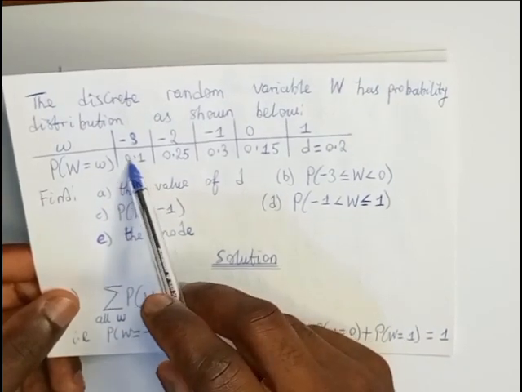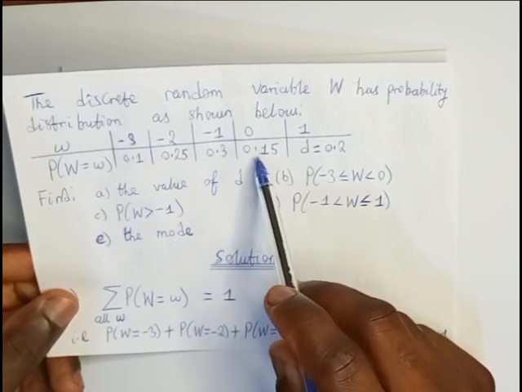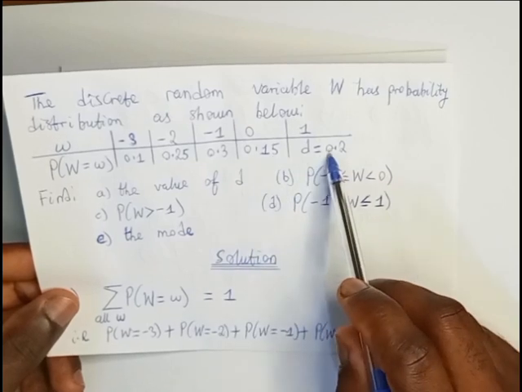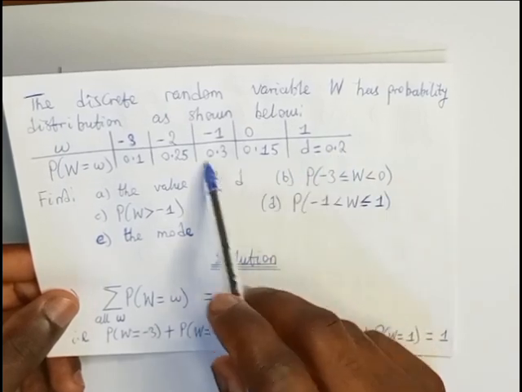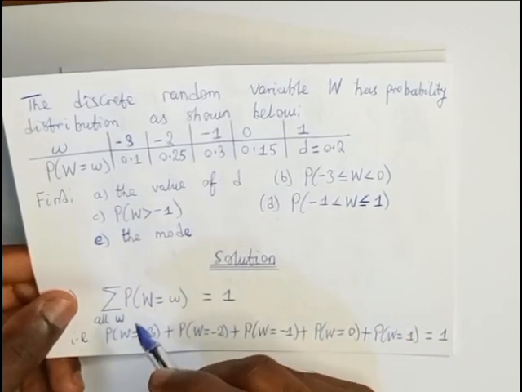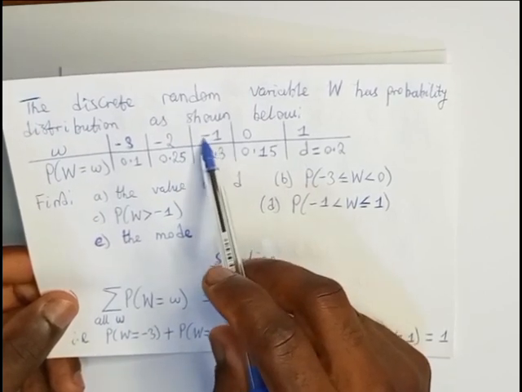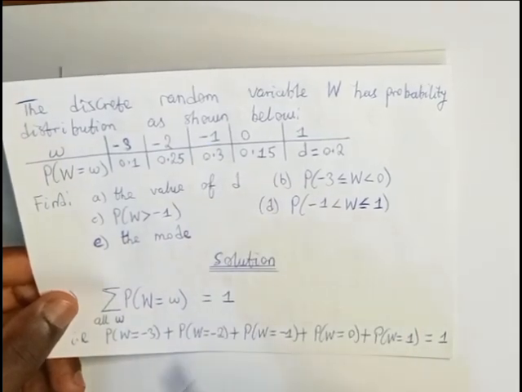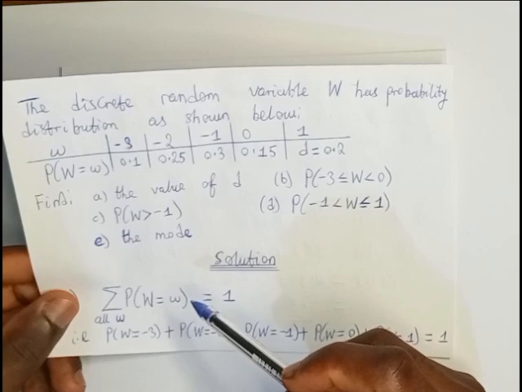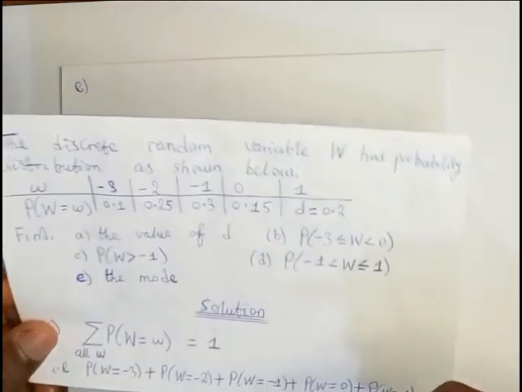Looking at the probabilities, 0.1, 0.25, 0.3, 0.15, and here 0.2. You will see that 0.3 is the largest probability. That means the outcome -1 is more likely to occur.